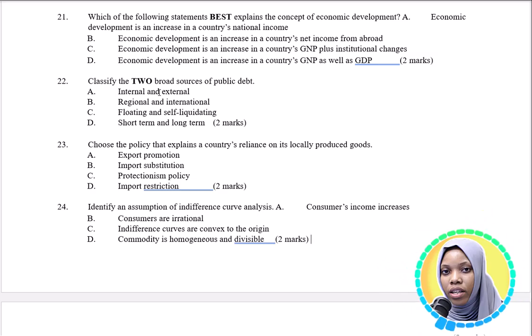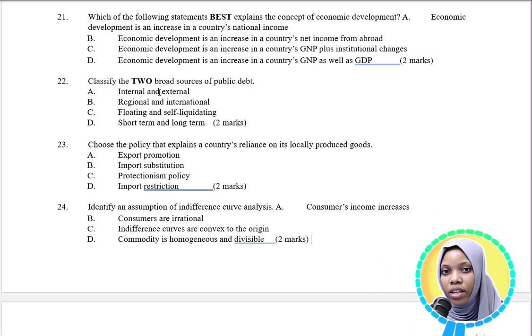Here, all these statements can explain economic development, but we want the best explanation. Choice A reads, economic development is an increase in a country's national income.